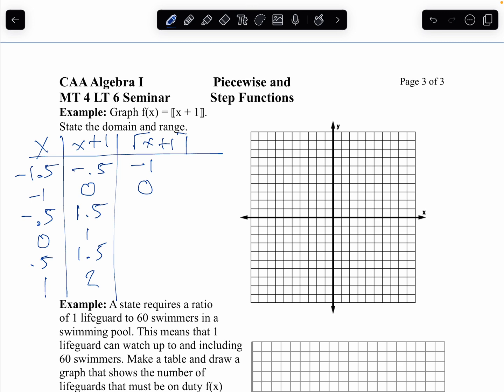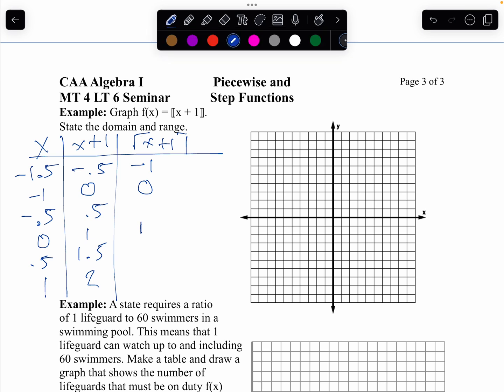So 1.5 is 1. 1 is 1. Oh, I got 1.5 on there twice, don't I? That's supposed to be 0.5. Sorry about that. So 0.5 is also 0. 1.5 is 1, and 2 is 2.